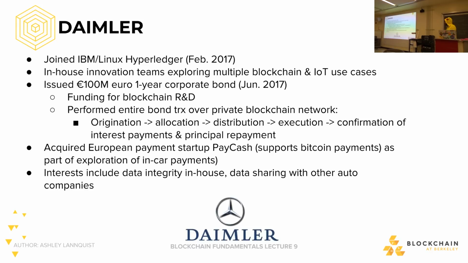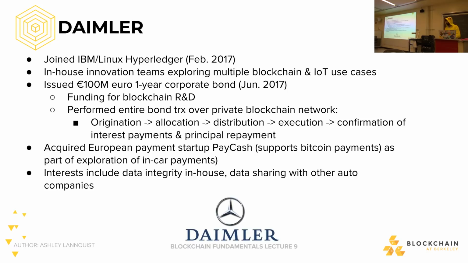For example, if you need some transaction between machines, you now have the ability to natively transact cryptocurrencies between these machines, which we'll see what you can do with in a little bit. There's also interest a little off of the machine aspect, which is about data integrity and data sharing with other auto companies.